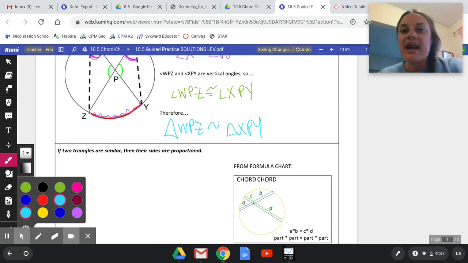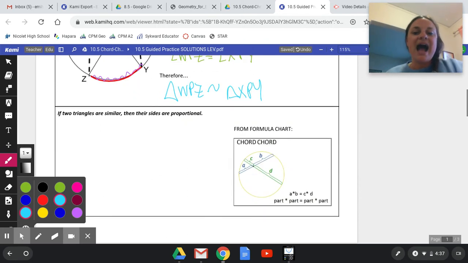Okay, why does that help us? Because we know that if triangles are similar, their sides are proportional. So I'm going to set up the proportion of these sides.